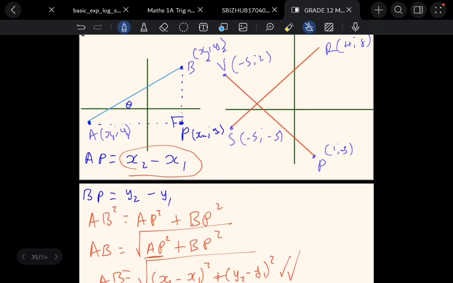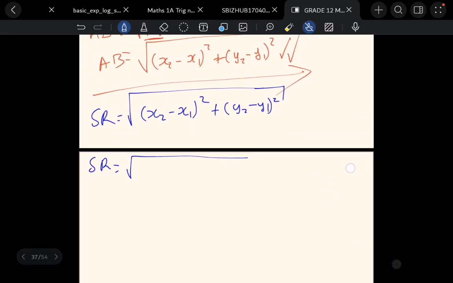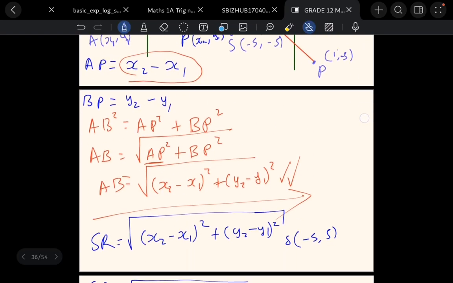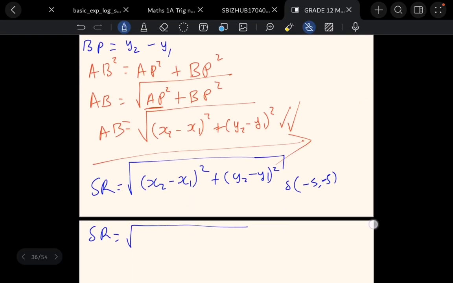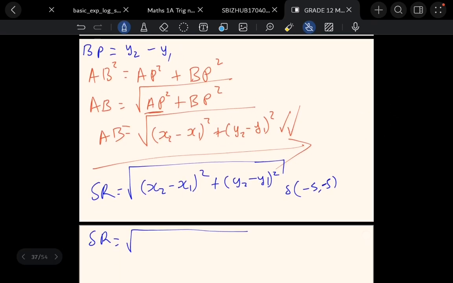The coordinate of S is (-5;5) and the coordinate of R is (4;8).